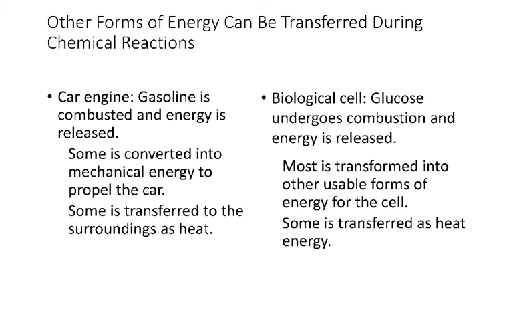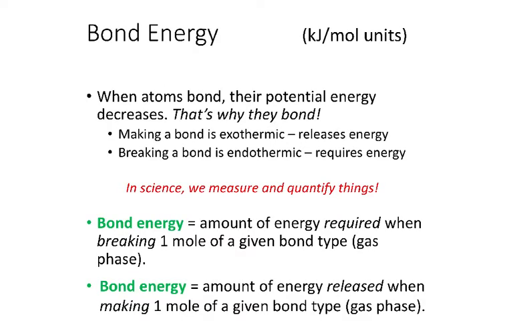It's a part of a process that allows your body to move and continue living. So ultimately, we're just talking about energy in general, and heat is one form, but it could also be transformed into kinetic energy or other forms of energy. So one way that we can quantify the energy of a molecule is to talk about the bond energy.